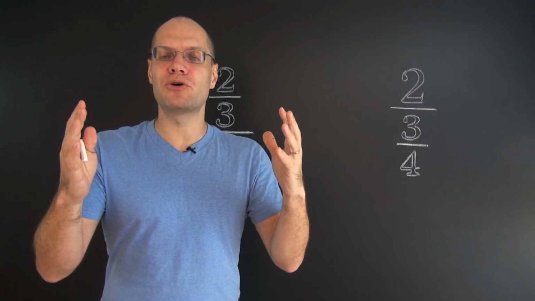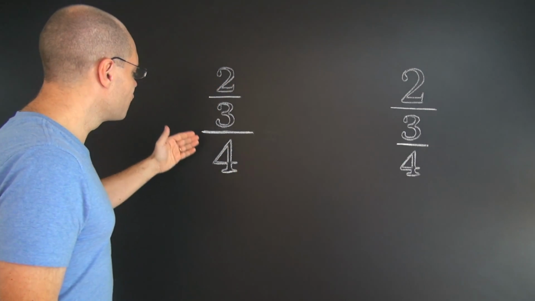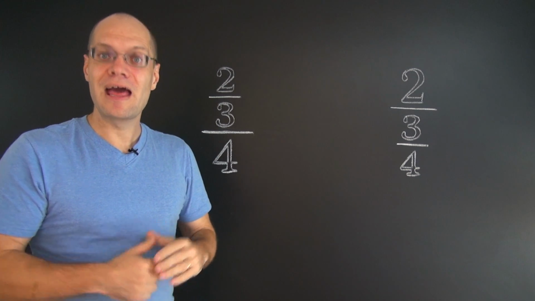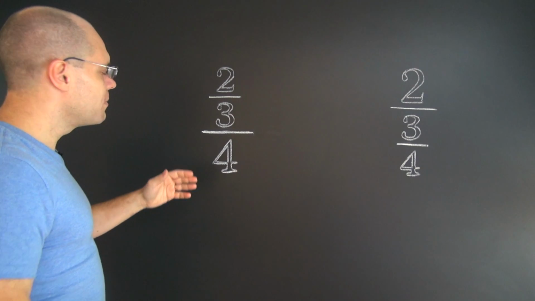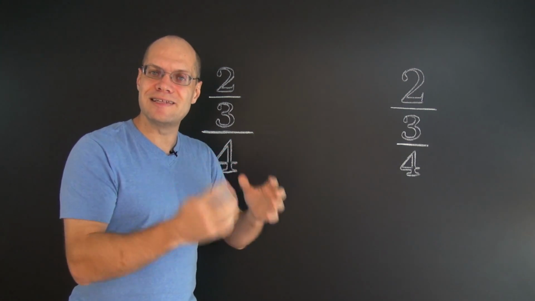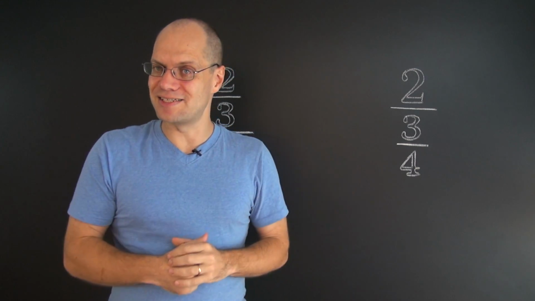So now we have a total of 12 parts, and so each part is 2 over 12 kilograms. And this way of thinking makes it clear that 3 and 4 must be multiplied together in the denominator. So the answer is 2/12 or 1/6.